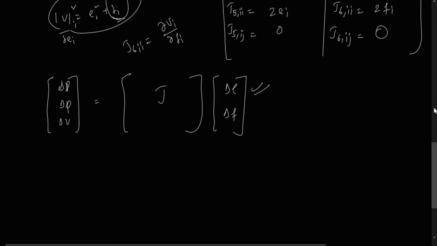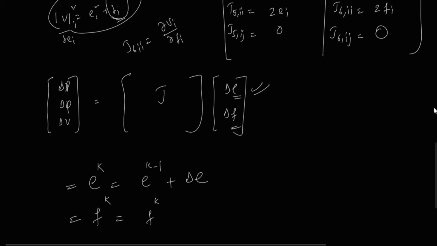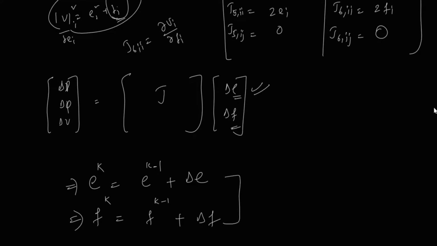Once I have the change in voltages, the new voltage is equal to the previous voltage plus this change in voltage, real part and imaginary part, so I have to correct the real part and the imaginary parts of voltages, and I can get now the complete phasor voltages V1 to Vn from these real and imaginary parts.